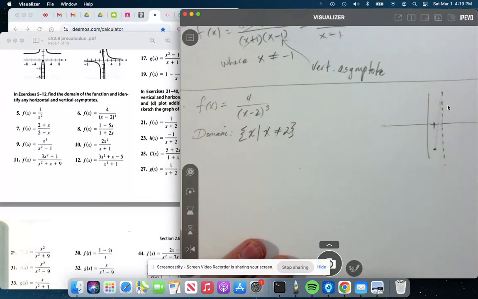And I know that I can't approach this. So what's going to happen here? As I get close to 2 here, I'm still less than 2, aren't I? So that's a number smaller than 2 minus 2, which is a very small negative number cubed, which is negative, right? So it's going to do this.